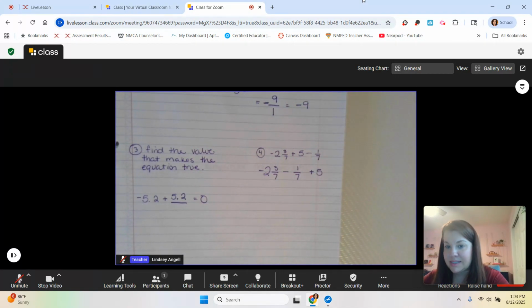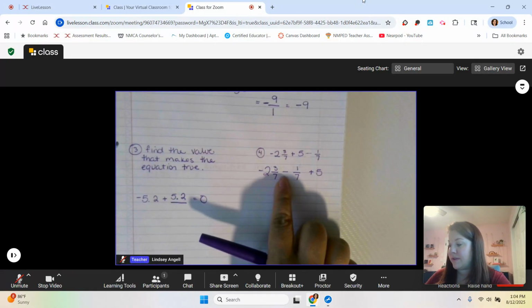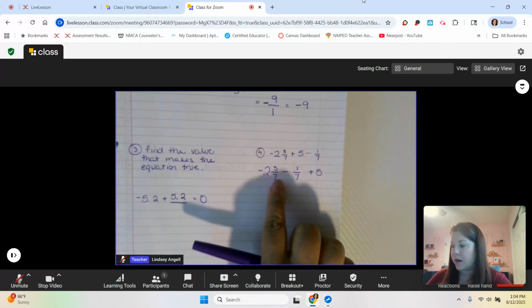Okay? So with this, there's a few things going on. One, we have a mixed number. We do have common denominators, so that's exciting. We want those. That makes our lives so much easier. Right? But so like in here, negative 2 and 3/7 minus 1/7. So it's like subtracting more than what we had already.